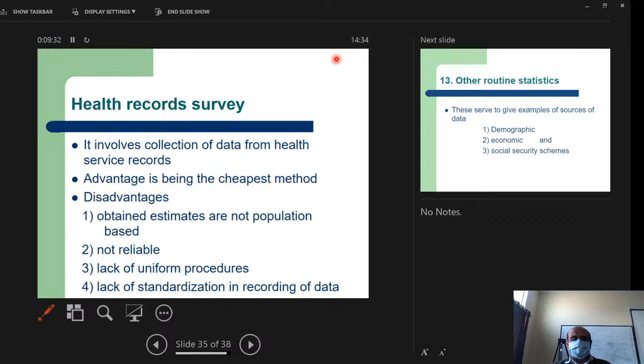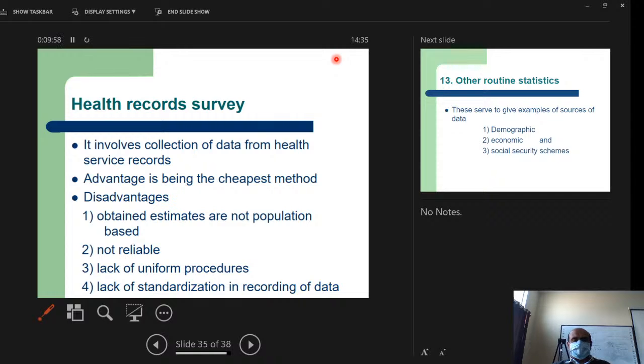Lack of uniform procedures. Now, when it comes to procedures, specifically in our country, the procedures for managing a disease are quite different, and vary a lot from hospital to hospital, person to person, doctor to doctor.